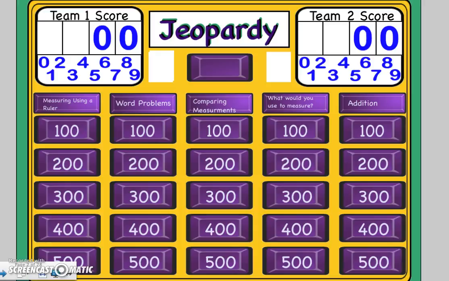The class is divided into 2 teams and scores are kept at the top of the Jeopardy board game. The template is projected onto the Smartboard and students and teachers can manipulate the board by touch. And so now I'm going to take you through the Jeopardy board. You should also know that it's not a typical Jeopardy game.